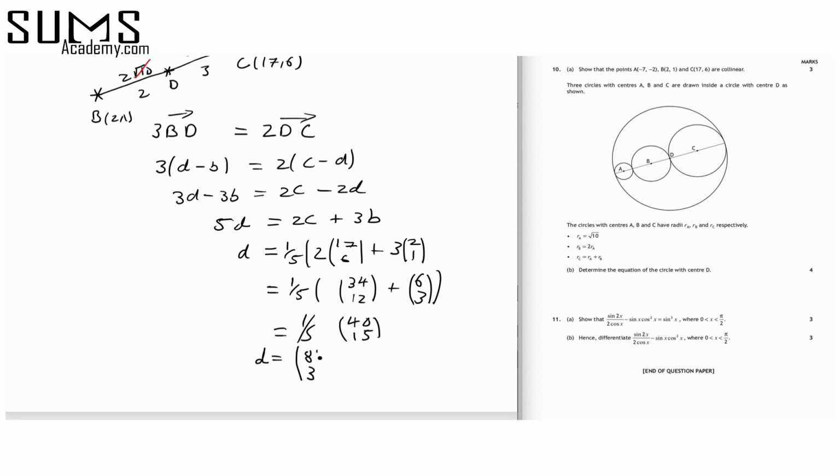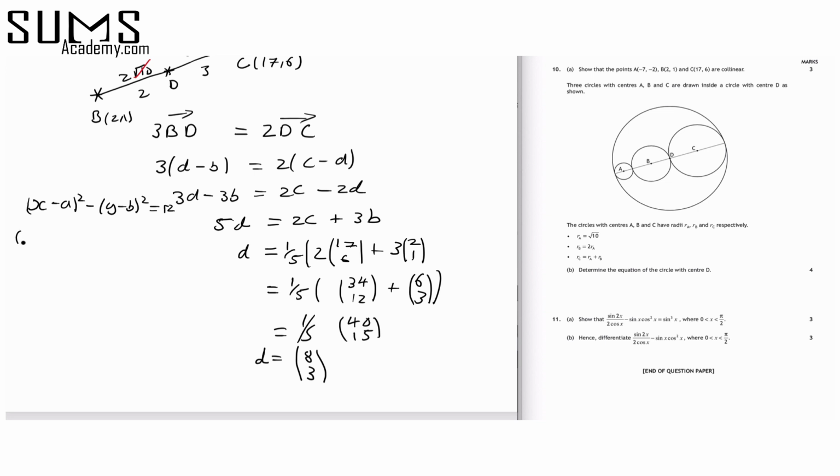Okay, so we finally have our values for D, but that's not quite our last step. They're asking us to determine the equation of the circle. So we now need to substitute what we know into this equation for the circle, which is of the form x minus a squared plus y minus b squared equals r squared.